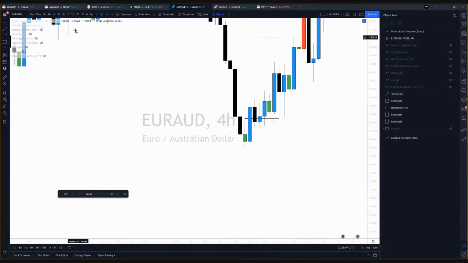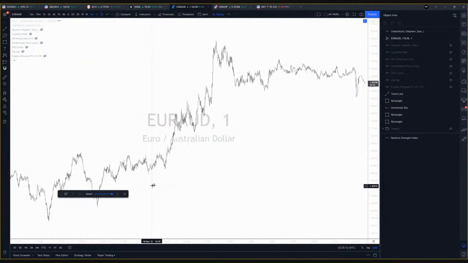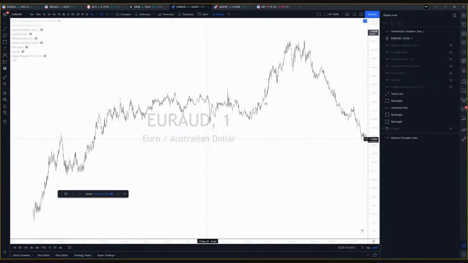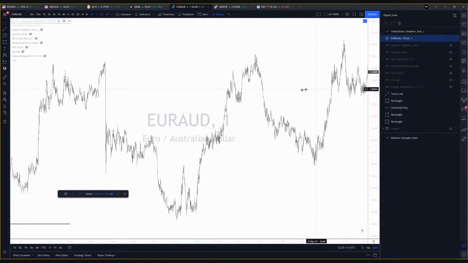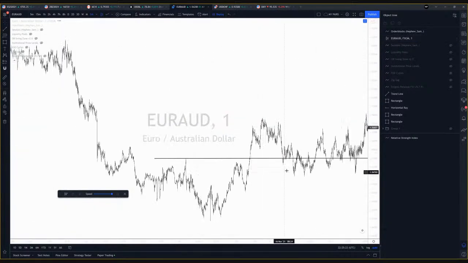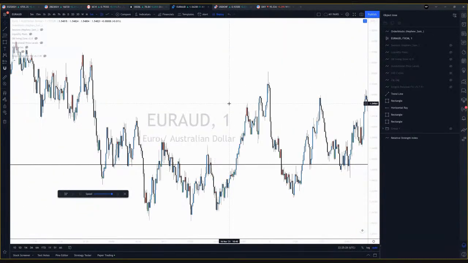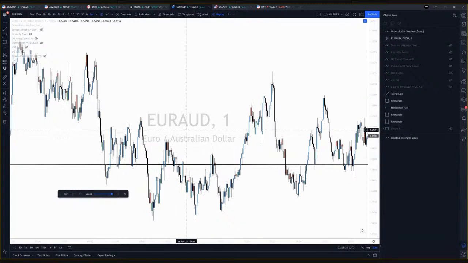But let me show you what Osman would have done. Mr. Sniper. There. So this is the entry that you would have got from Osman. Right here, this would be the breaking structure, and the last down candle would be this one here.